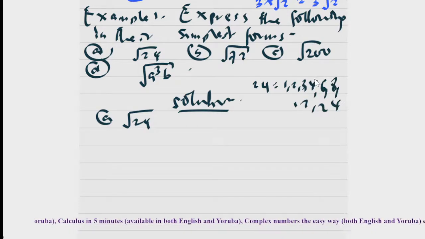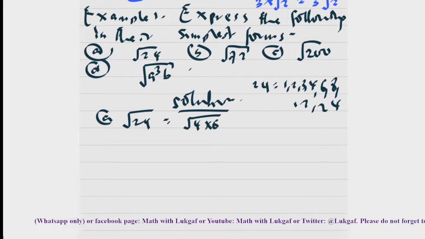You don't need to write them one by one once you know the pairs of factors you are taking. So for this case, what are the two factors of 24 such that one of them is a perfect square? You will see it is 4 times 6, because 4 times 6 will give you 24, and indeed 4 is a perfect square. Then you are going to have root 4 multiplied by root 6.